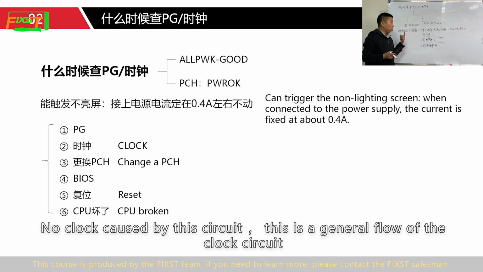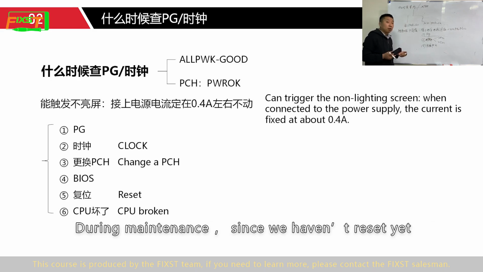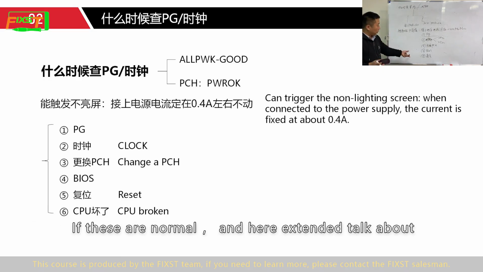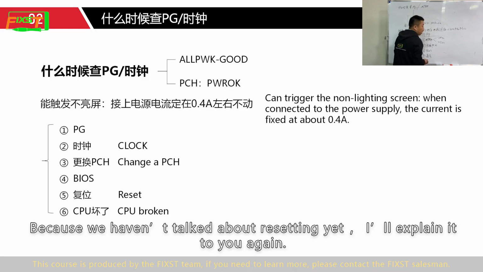This is the general flow of this clock circuit. During maintenance, since we haven't covered reset yet, even after the clock is normal, with current about 0.4 ampere, there is a BIOS at the back, and reset at the end. Because we haven't talked about the reset yet, I will explain it to you later.